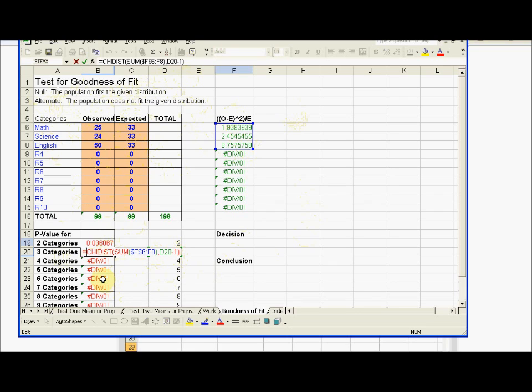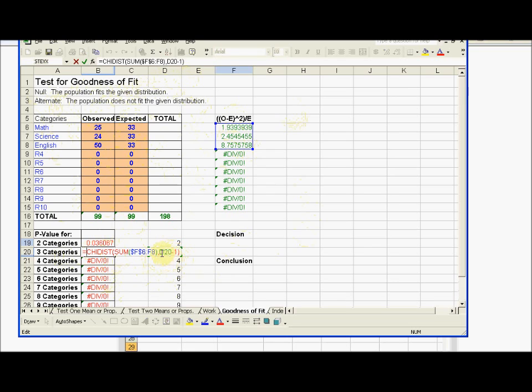And that'll give you the p-value. It'll give you that area under the right-hand tail of the chi distribution. So what are you finding the value of? Well, it's the sum of these numbers that we just found, with the degrees of freedom, the number of categories minus 1. So that's why I pointed out that was 3 there.